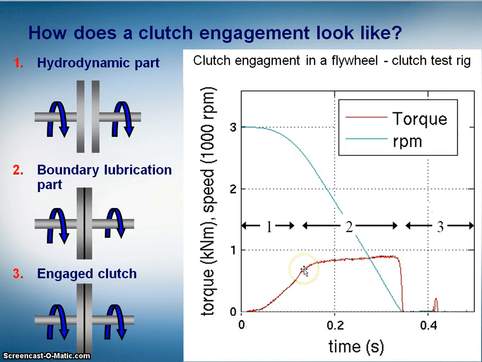Here we reach the boundary lubrication part, and you can see that the torque is high and quite steady, and the decrease in RPM is quite fast as well, until you reach here, when the RPM is 0, part 3, the fully engaged clutch. What you can see here is just that the flywheel is going back and forth because of the weakness of the test ring. That's this red part here.